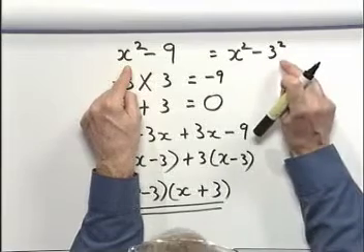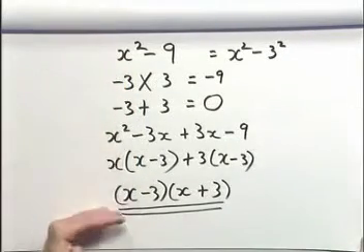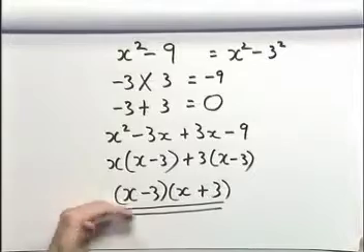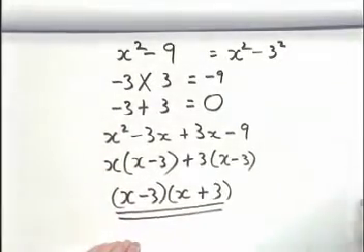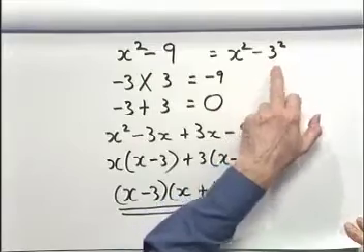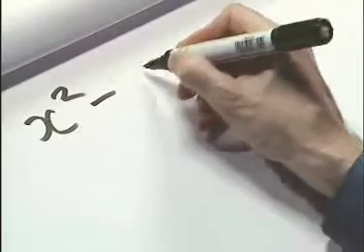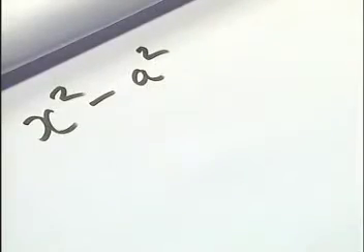In other words, it's the difference of two squares. So let's do this again, but more generally. Instead of minus 9, which is minus 3 squared, let's write minus a squared. So we have x squared minus a squared.